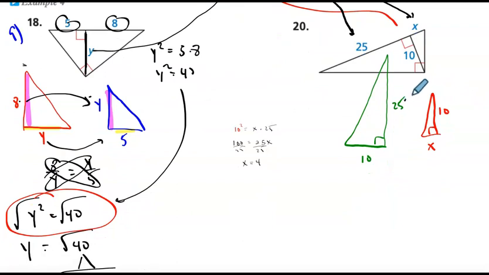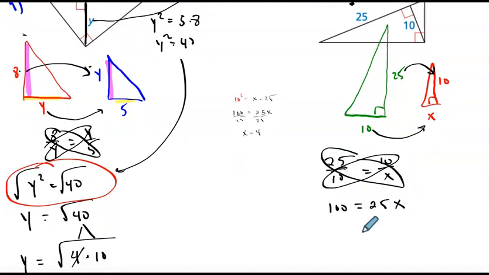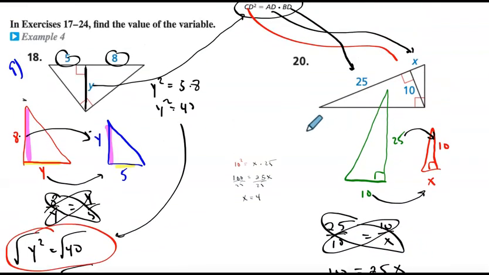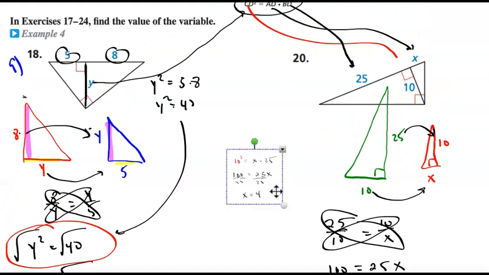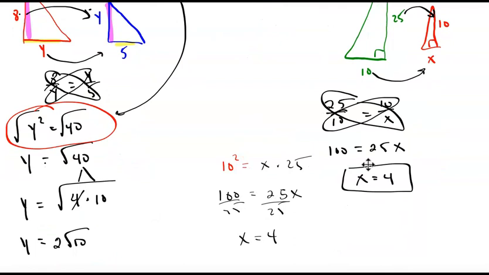I can do 25 over 10 equals 10 over x. And again, if I use that butterfly technique, 10 times 10 is 100. 25 times x is 25x. Divide both sides by 25, and x is equal to 4, which is ultimately what I did the first time, just using that other formula. The same concept.